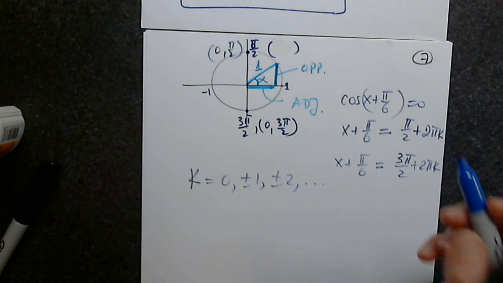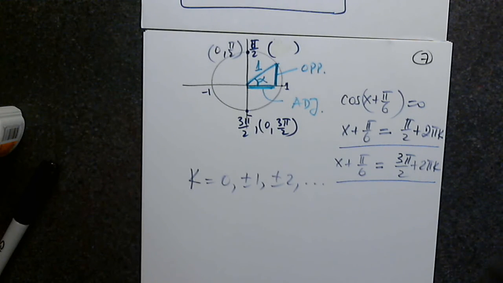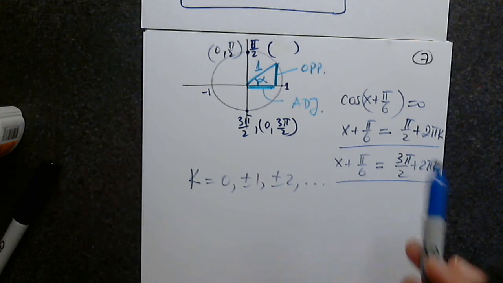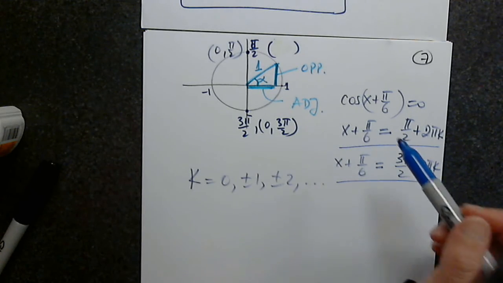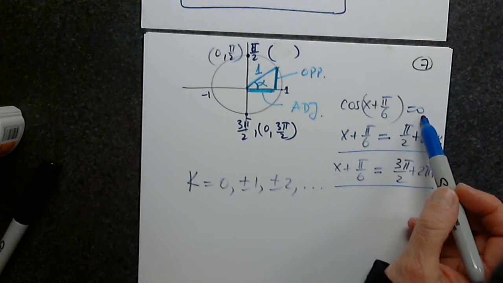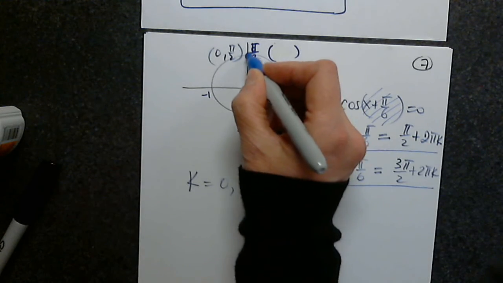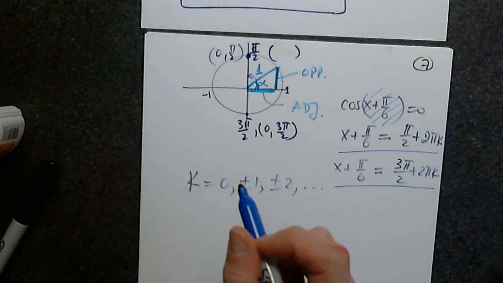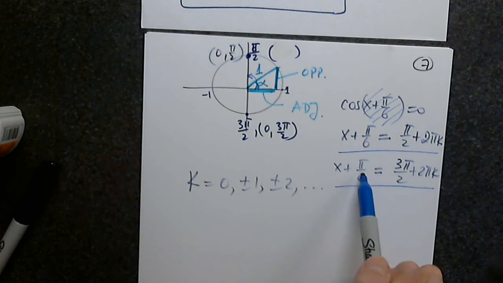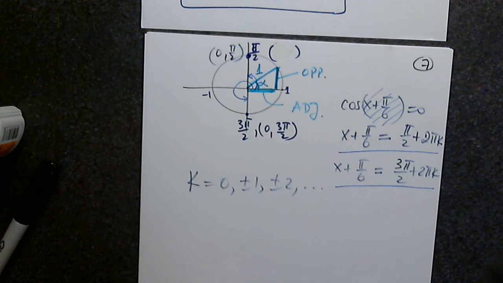Okay, so let's go back to these two equations because they're not done. Do we understand what we wrote for x plus pi over 6? For cosine to be 0, this angle has to be either pi over 2, or the other option is when the angle is 3 pi over 2.